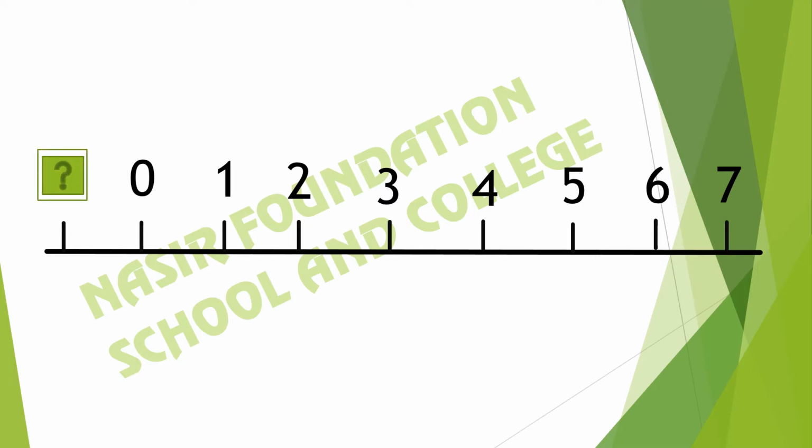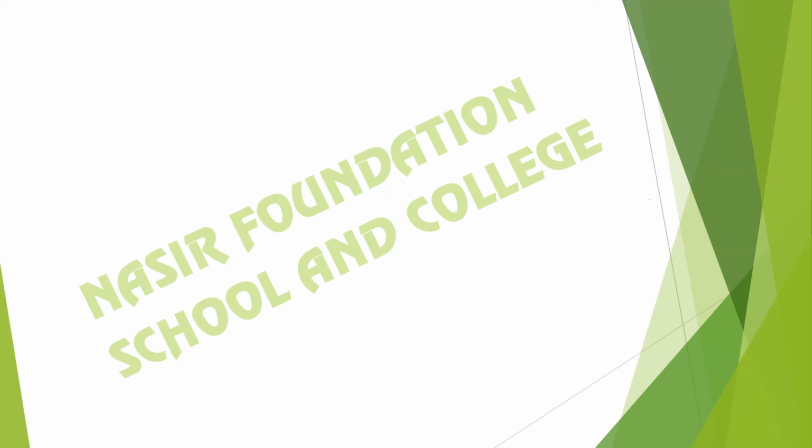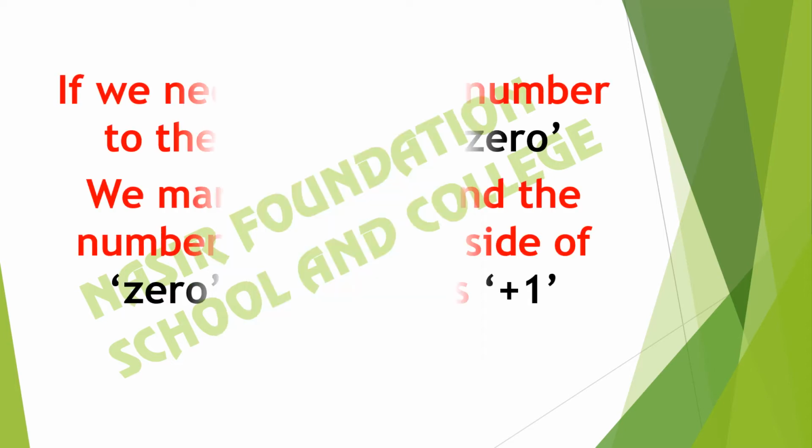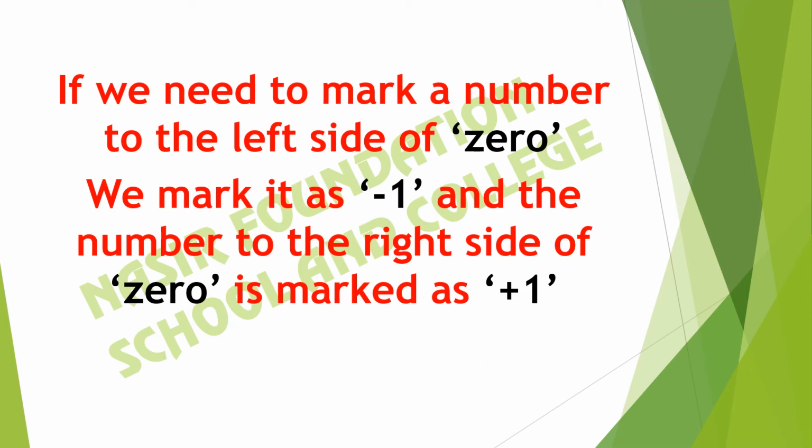But what comes if we move towards the left side of the 0? What will be the next number if we move towards the left side of 0? Think about it. If we need to mark a number to the left side of 0, we mark it as -1.